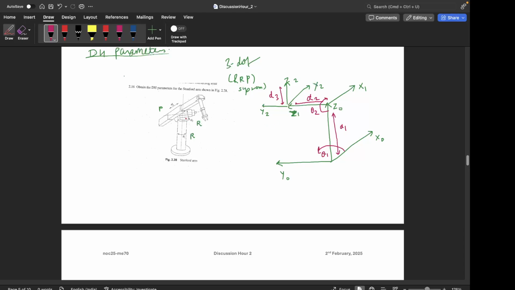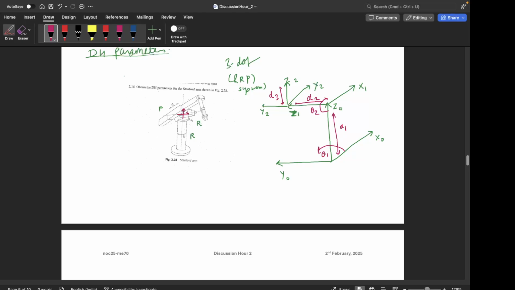But you see here that this z1, the axis of the first joint and the axis of the second joint, they are intersecting, right? So when they intersect, we can choose x-axis as any common perpendicular to both of them. Okay, so let's say we have chosen this as the x-axis, and since they intersect, the link length parameter is 0.